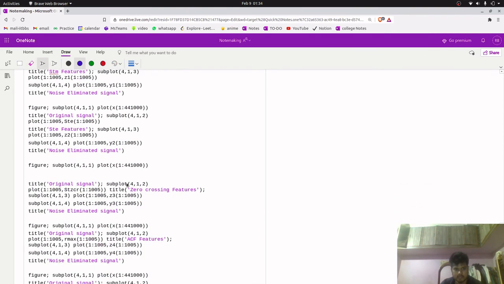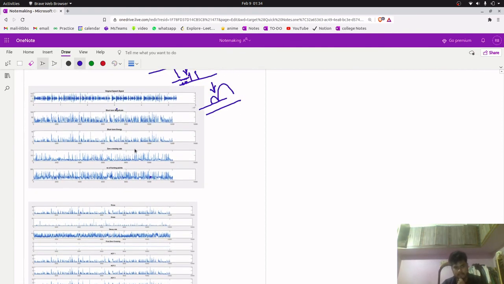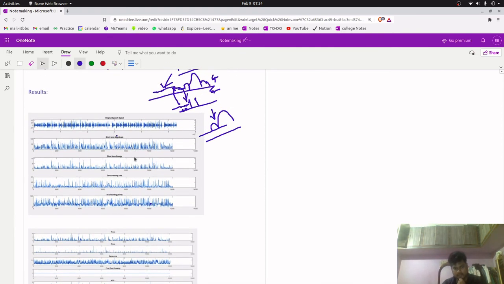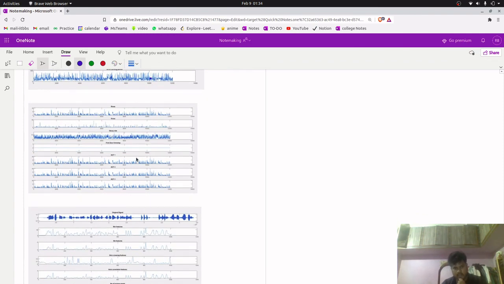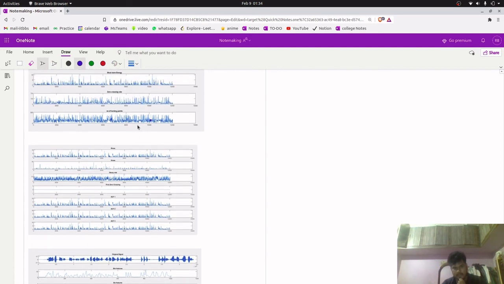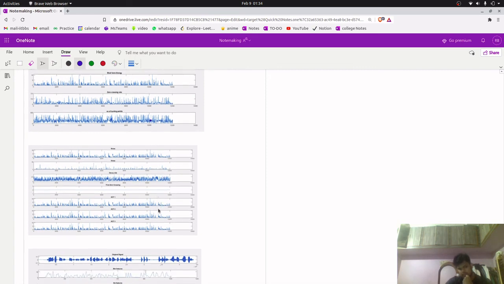And this is all about the experiment. We have performed all this. This graph is short term magnitude, short term energy. I can't focus it, but you will see that we are simply filtering the noise based on the magnitude in the first two cases.